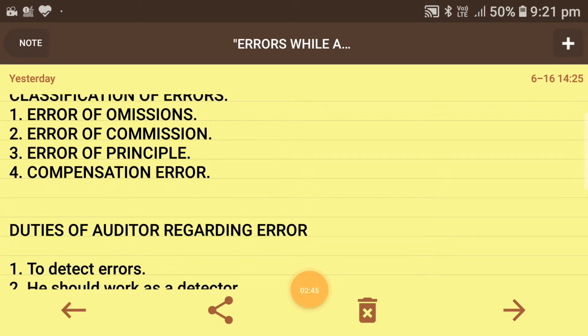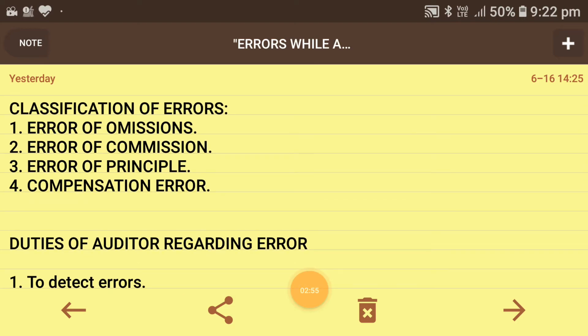These errors can take place in some forms, like recording the wrong amount in the subsidiary books, wrong totaling of subsidiary books, positioning the wrong amount in the ledger account, positioning on the wrong side of a ledger account, and incorrect balancing of ledger account. So these kinds of mistakes are categorized under error of commission.